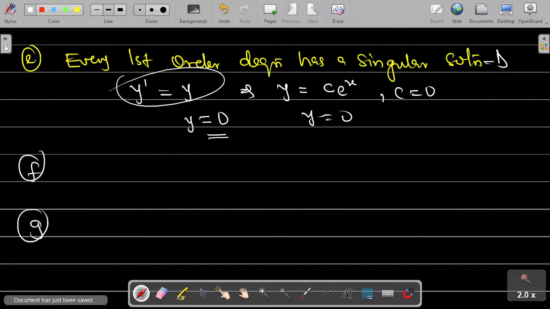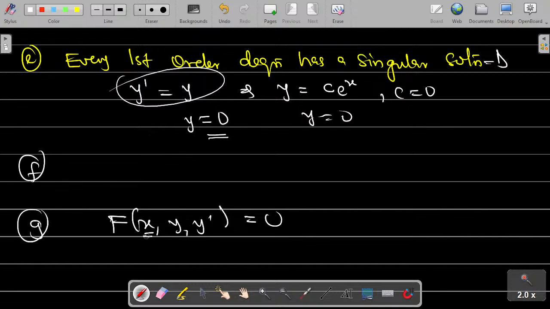Then: every autonomous first order equation has its standard form as f of x, y prime equal to 0. Remember, I just defined an autonomous differential equation.